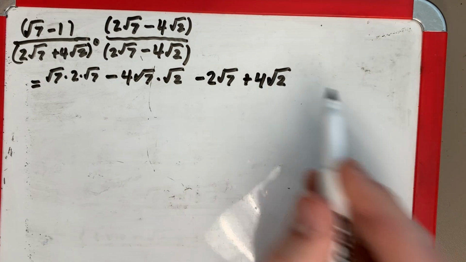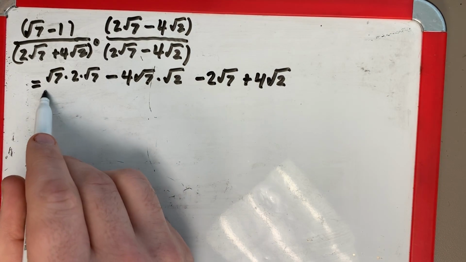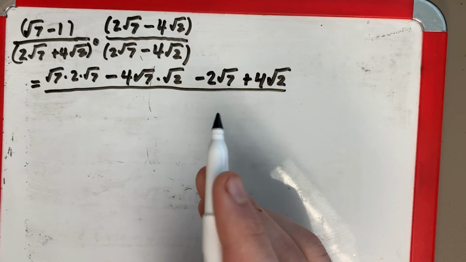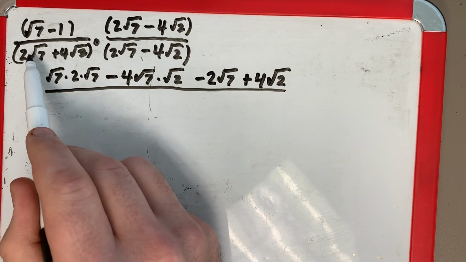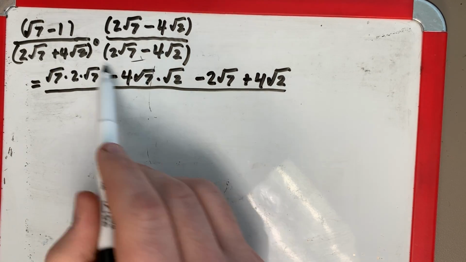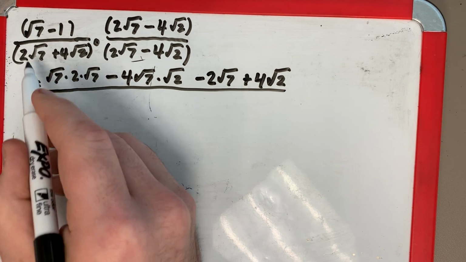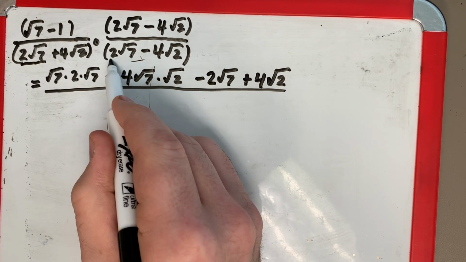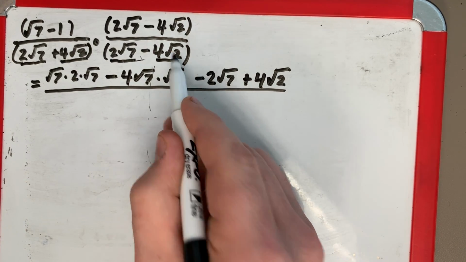That's horrendous. Hopefully it'll simplify. It probably will not. But sometimes that's how things go. So now I have this whole thing times its conjugate. So the idea here is to use a difference of squares. So it's literally going to be this guy times this minus this times this.